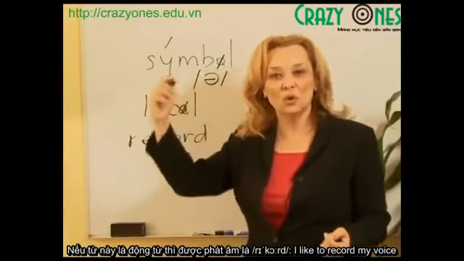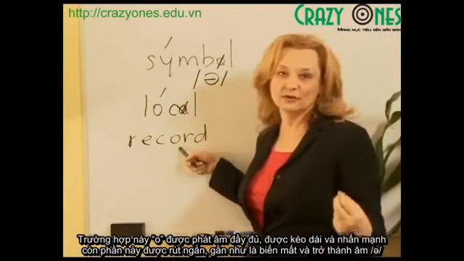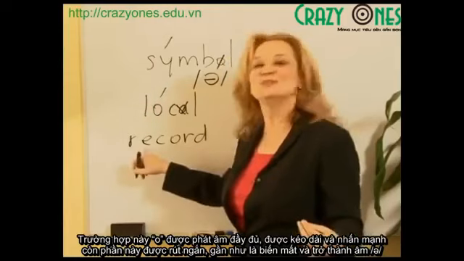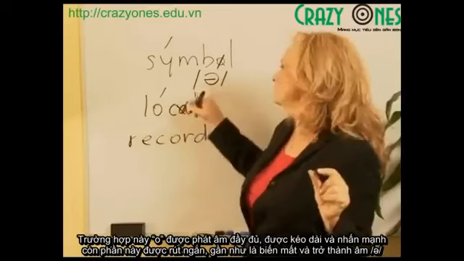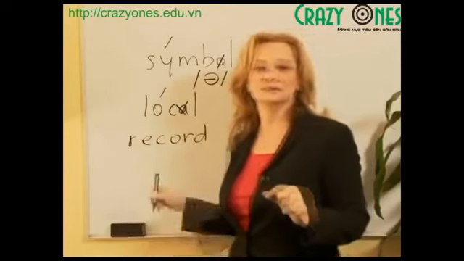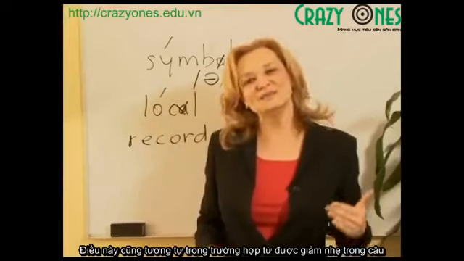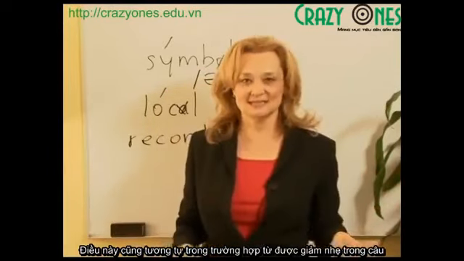I'd like to record my voice. In that case, the O is fully pronounced. It's prolonged and it's stressed. And this part now becomes short. It almost disappears and it becomes the uh sound. The same thing happens when words are reduced within sentences.